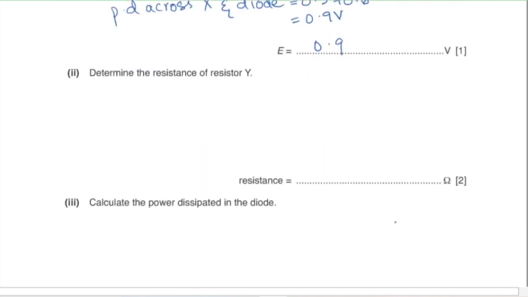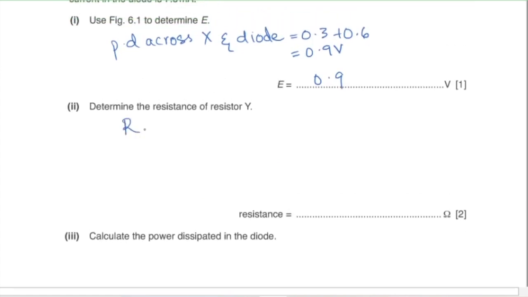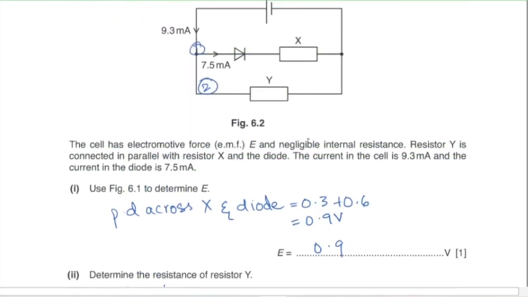But to determine the resistance of resistor Y, the formula is R is equal to V divided by I. Since EMF E is 0.9 volts, this means that voltage across resistor Y will also be 0.9 volts. And current across resistor Y will be the difference between 9.3 and 7.5, since current divides in parallel circuits. The current entering these two loops is 9.3.